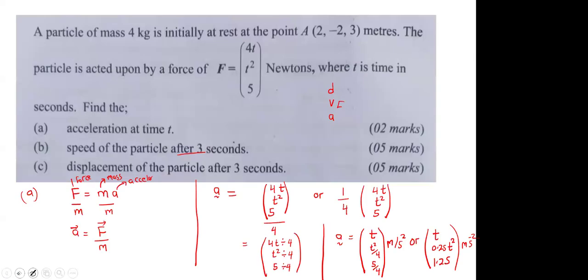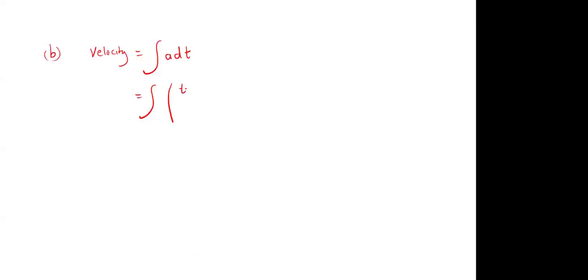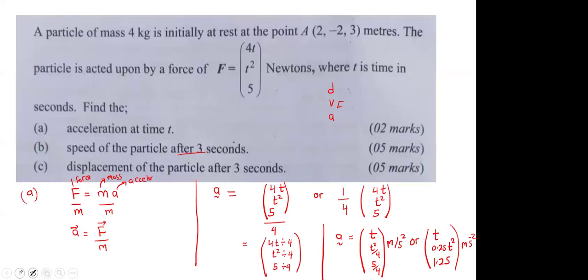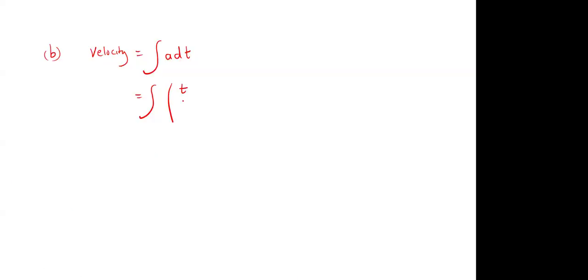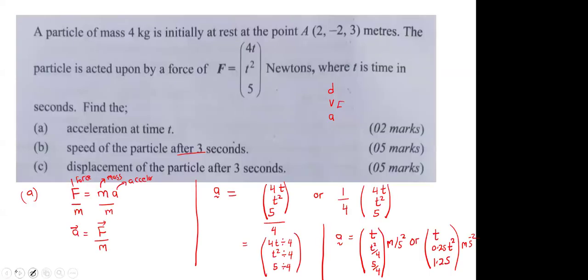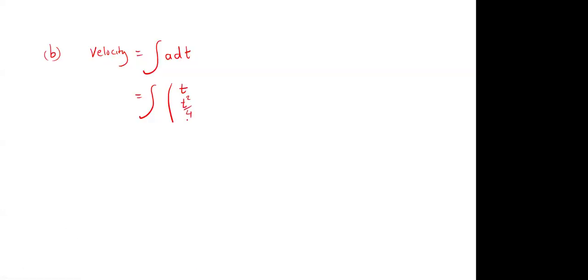we need the speed. So we know that velocity is going to be given by the integral of our acceleration dt. But do we have our acceleration? Yes. So our acceleration, you will allow me, I will use fractions. It is given by t, then the second component I have for the acceleration is t squared out of 4. Then the third component I have is 5 out of 4.